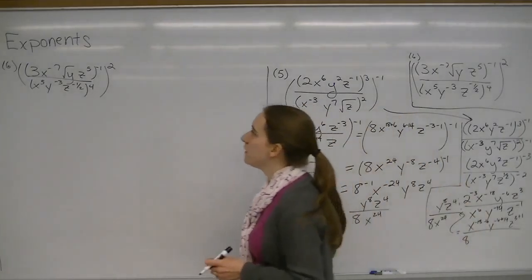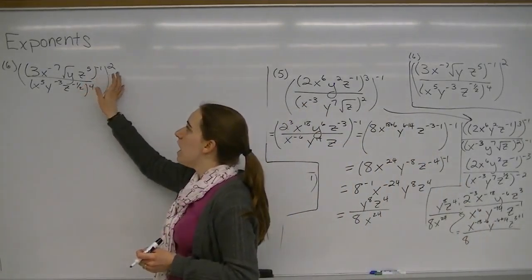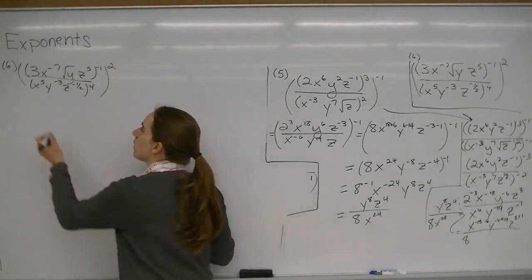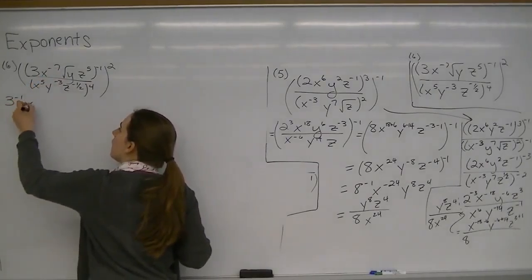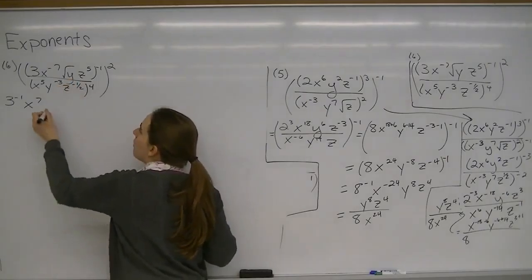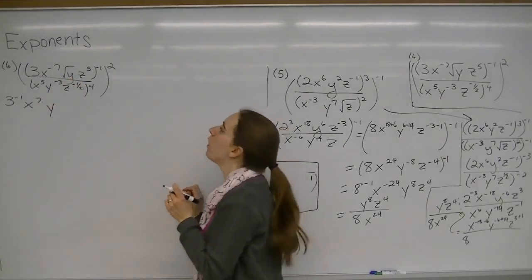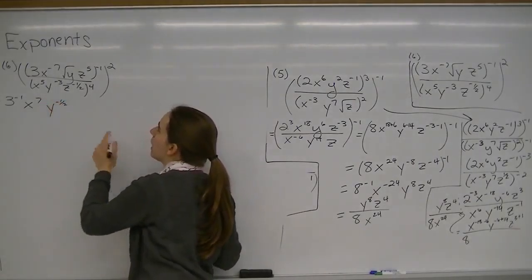So my first thing I could do is I could take these powers that are on the inside and deal with them each individually. So I have the -1, so I get 3 to the -1. Then I have x to the -7 times -1, so I get +7. I'm going to write the y as y to the 1/2 instead of the square root of y. So I get y to the -1/2 when I multiply by -1.